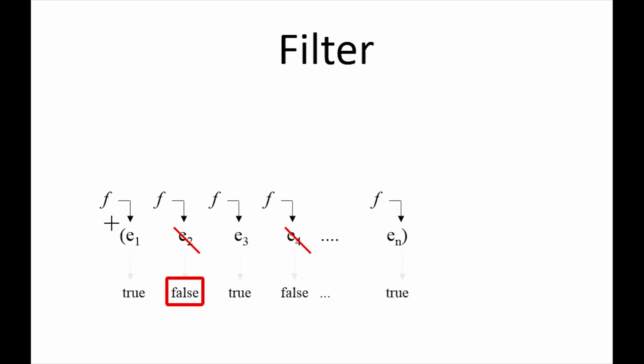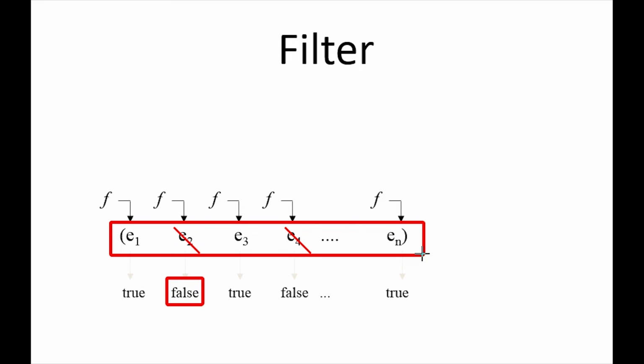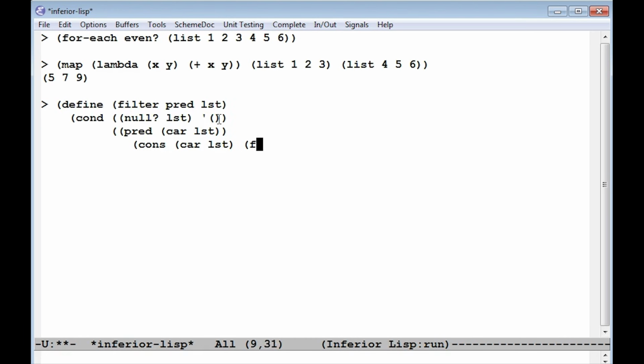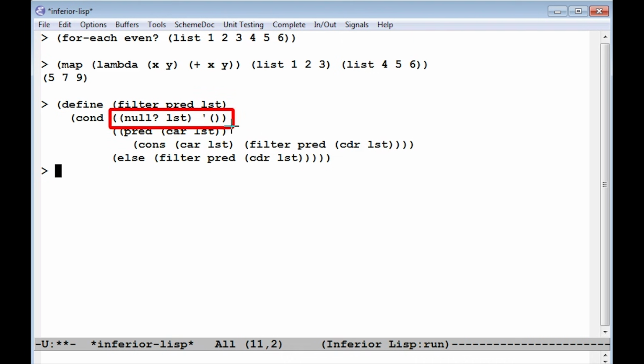So filter is applied on a list of elements, and we get a list of elements out of filter, a potentially shorter list than the input list. Here is a possible definition of the filter function. Again, it is a straightforward recursive function. If we filter the empty list, we get the empty list.